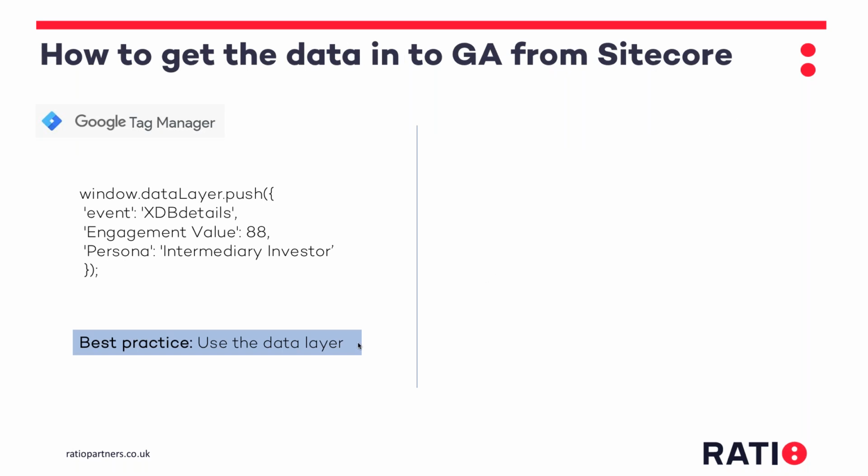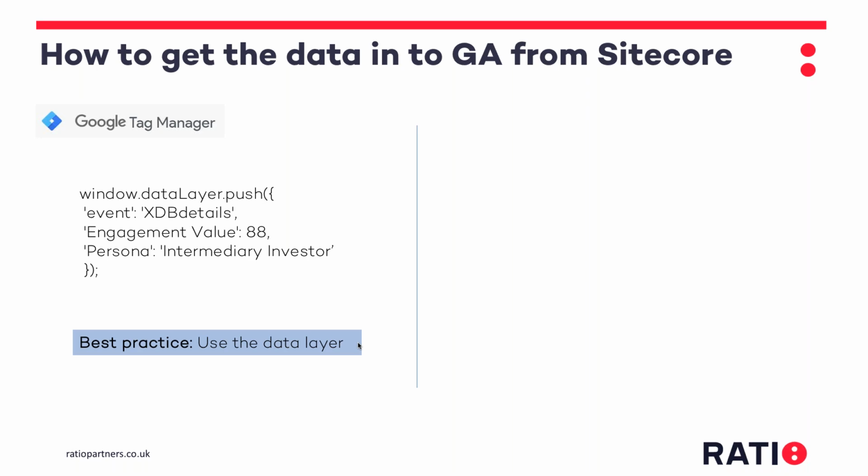This is going to be a little bit technical, so bear with me. We have 2 methods to get the data from Sitecore to Google Analytics. The first method, which is the best practice and requires the least configuration, is to use something called a data layer.